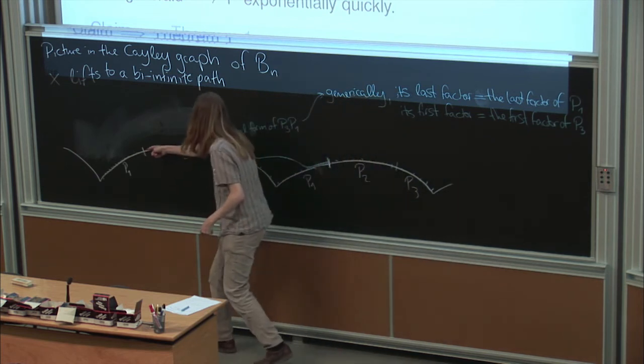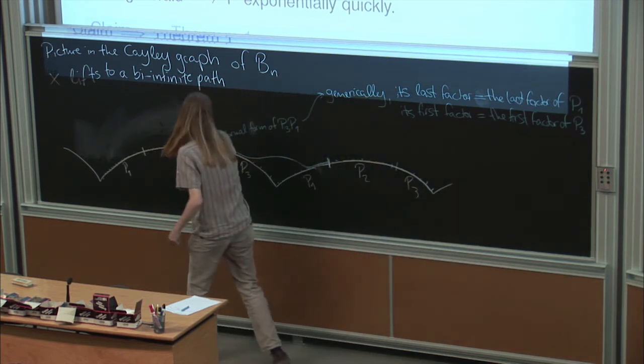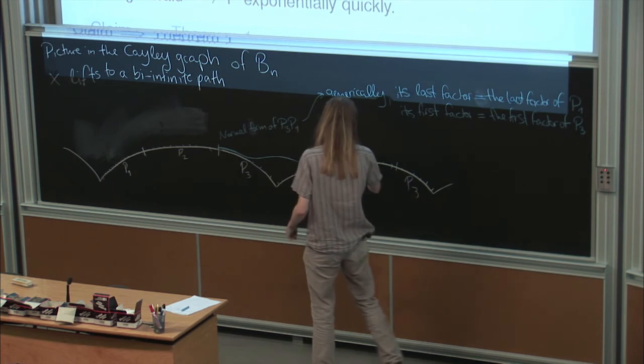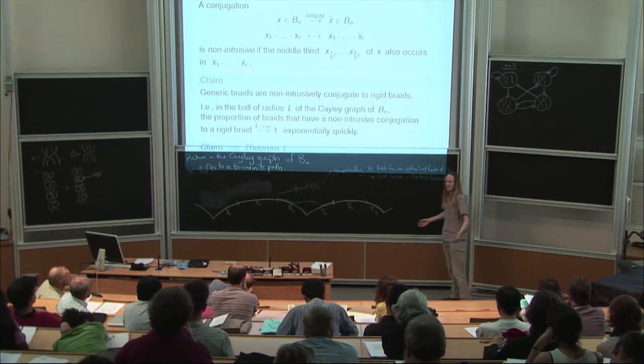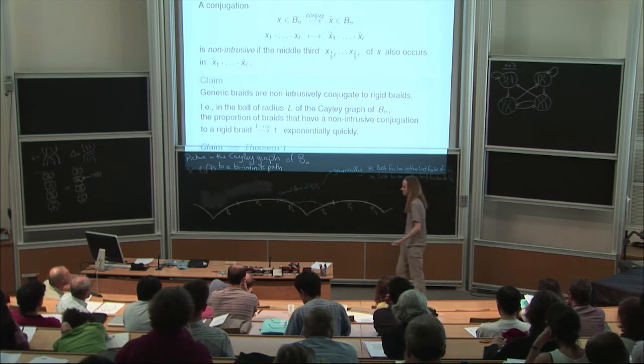Because if I go along P2 followed by the blue line, followed by P2, followed by the blue line and so on, it's just left-weighted everywhere.